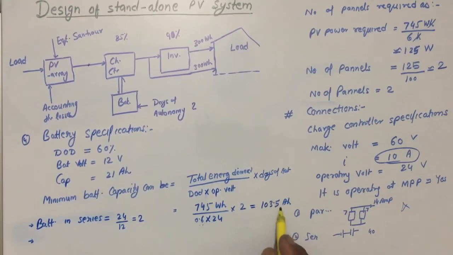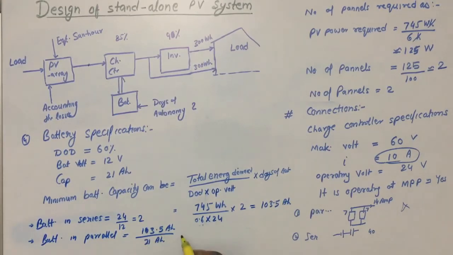And the second thing, the number of batteries to connect in parallel. To get this much ampere hour, one battery capacity is 21 ampere hour. To get this much capacity, we need parallel connection of the batteries to add up the ampere hour capacity. So the batteries in parallel can be calculated by the total ampere hour capacity divided by the capacity of 1 battery.